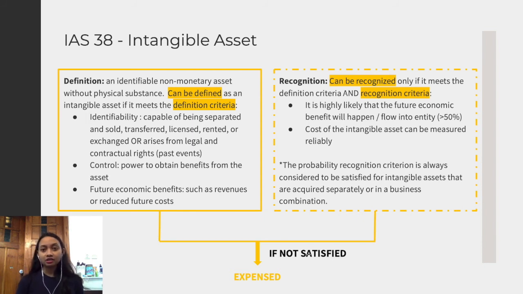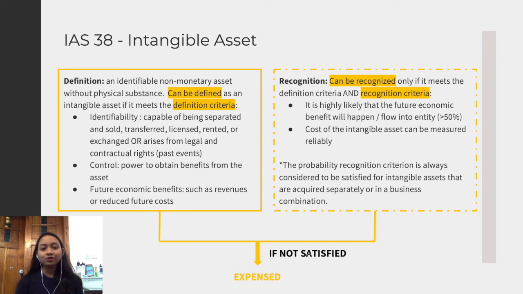The recognition criteria is that it is highly likely that the future economic benefit will flow into the entity, or the probability of the future economic benefit is more than 50%, and also the cost of the intangible asset can be measured reliably.